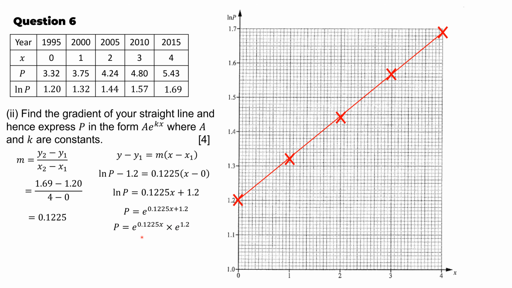So P equals e to the power of 0.1225x times e to the power of 1.2. We see that e to the power of 1.2 is a constant. Pressing the calculator, we get 3.32 e to the power of 0.1225x, and we have expressed P in the form a e to the power of kx, where a is 3.32 and k is 0.1225.